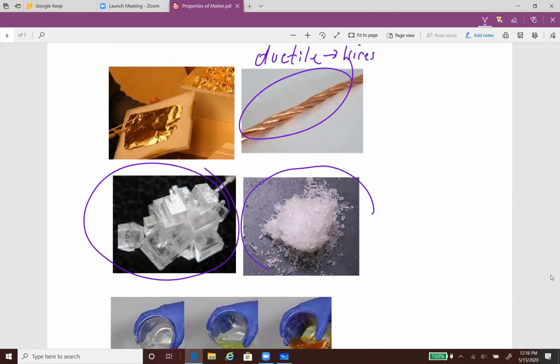And on the right, I believe this is magnesium sulfate or Epsom salt, if I remember correctly. You can see the crystal shape of salt is almost like a cube, right? Whereas magnesium sulfate looks a little bit different. So that's another way of describing matter, based on the crystal shape that it takes.